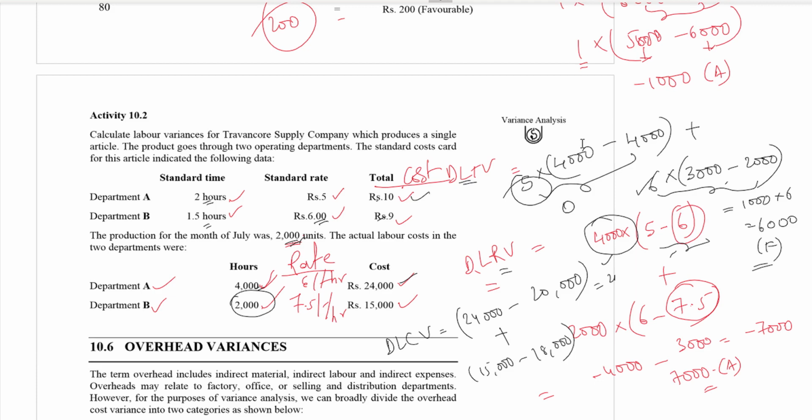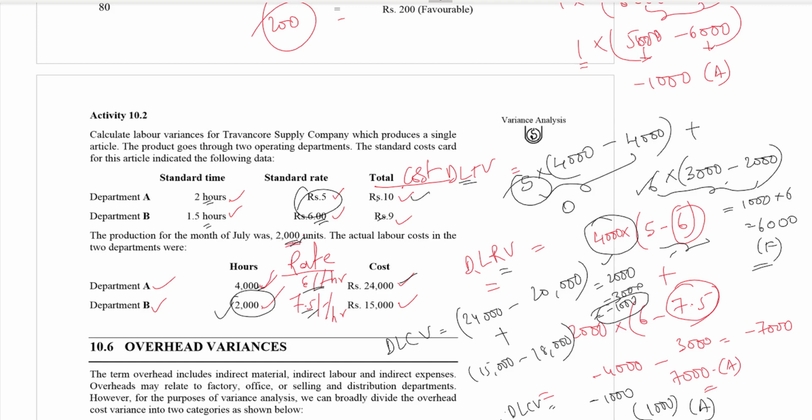So 2,000 is unfavorable in department A and negative 3,000 in department B, which means 1,000 is the adverse. So direct labor cost variance is negative 1,000. Their estimations went wrong by 1,000 rupees because of changes in the rates and changes in the time.